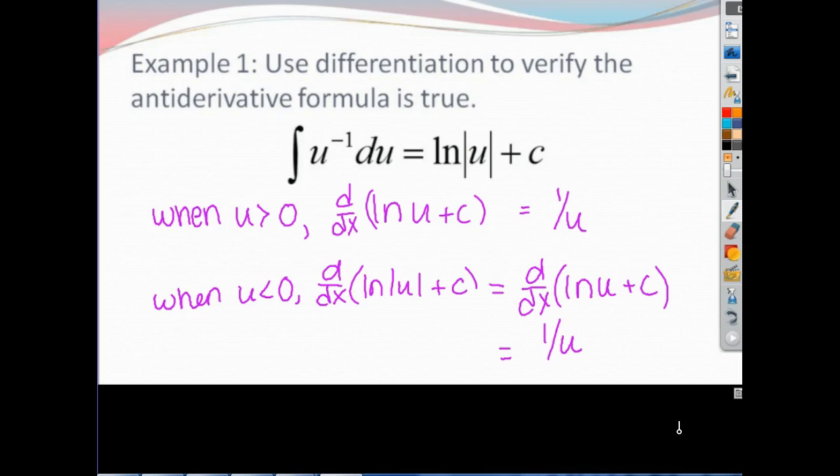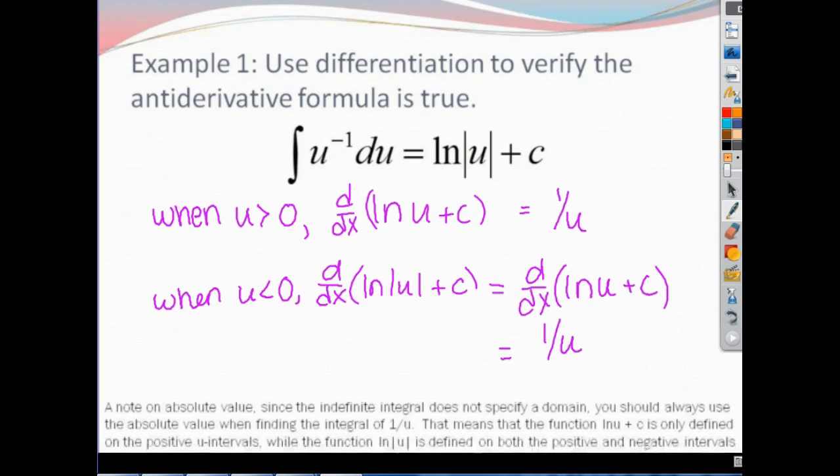And this is just me showing you, okay, here's the derivative, here's how we get back to it, here's why the absolute values don't matter. And I gave you that little note on absolute value: since the indefinite integral does not specify a domain, you should always use the absolute value when finding the integral of 1 over u.